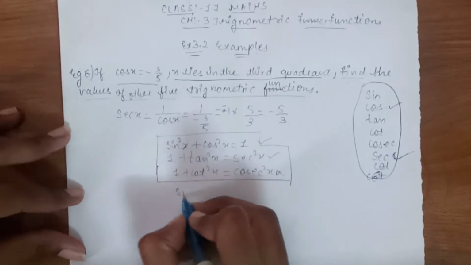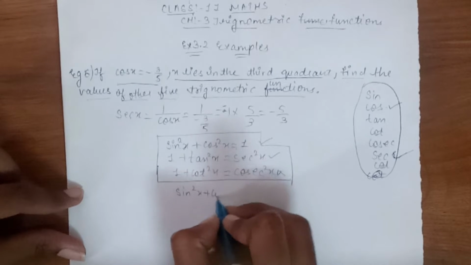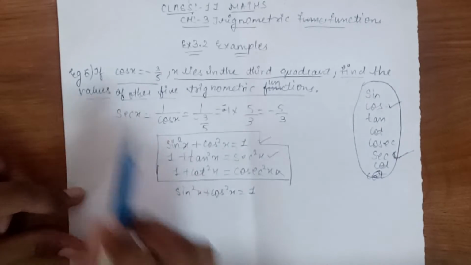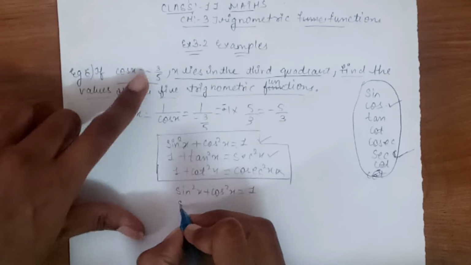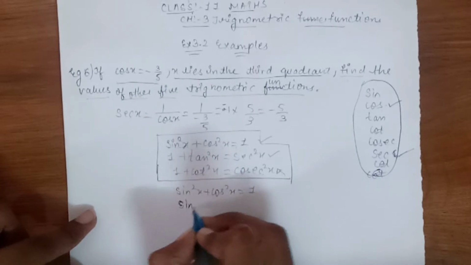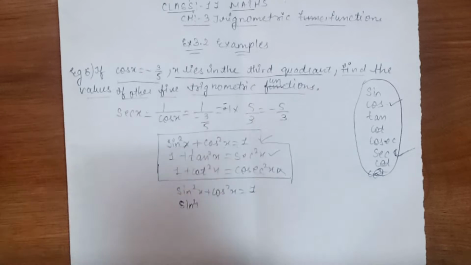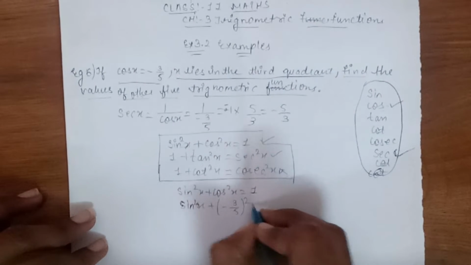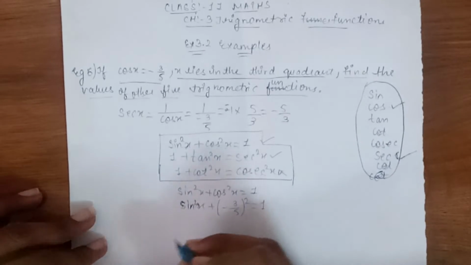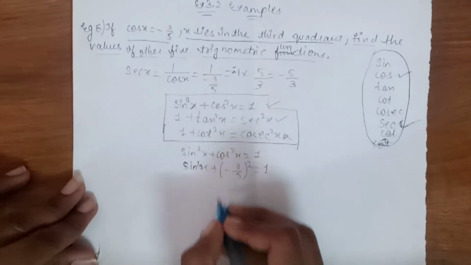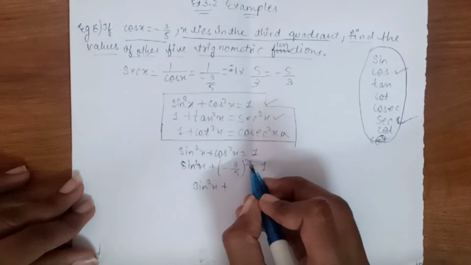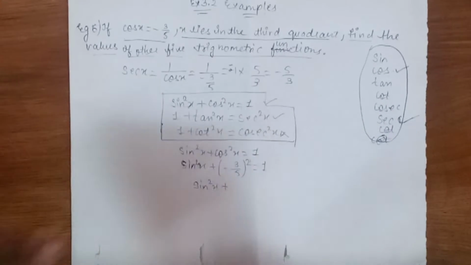So sine square x plus cos square x is equal to 1. What's the value of cos? Minus 3 by 5, as given in the question. So sine square x plus minus 3 by 5 whole square is equal to 1. Whenever the power is even, the minus becomes plus.